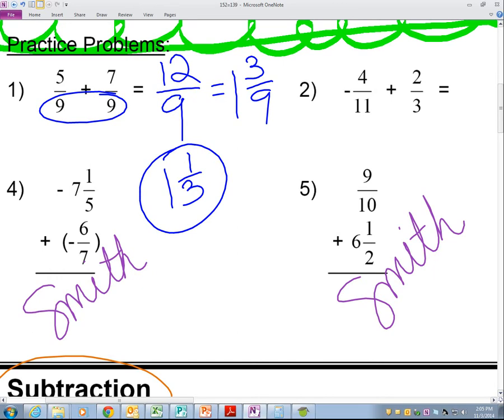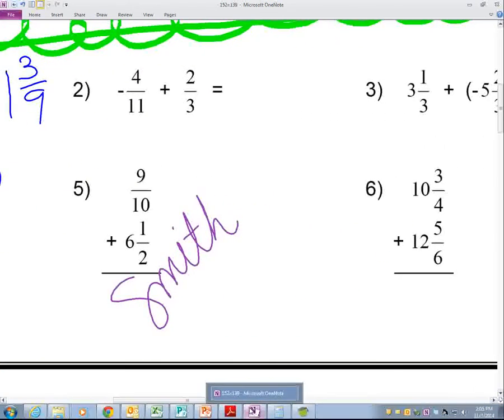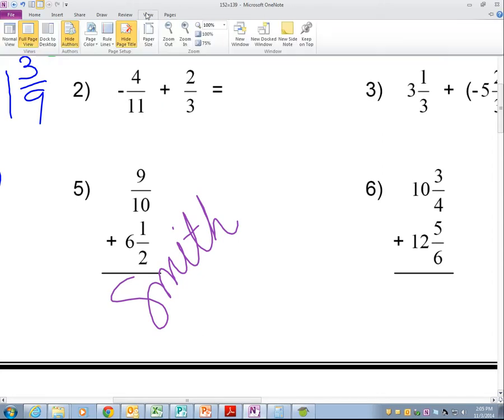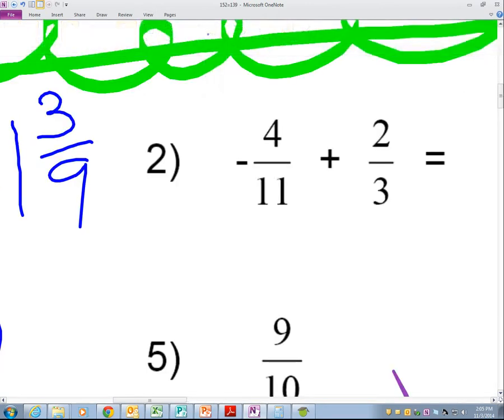1 1/3. Now we deal with integers again, because we have a negative 4/11. But we do not have common denominators. So what are we going to do? What do we do? We have to multiply the 11 by the 3 and the 3 by the 11. Multiply them together.